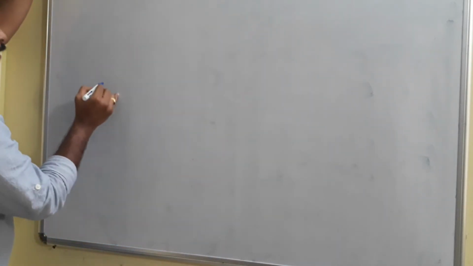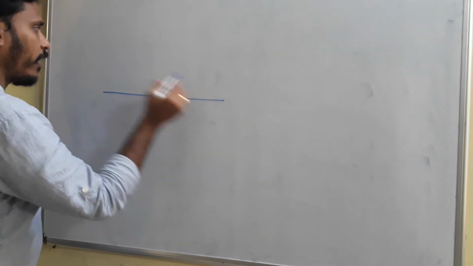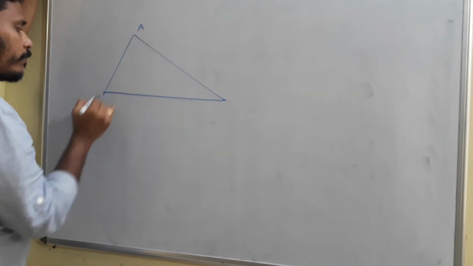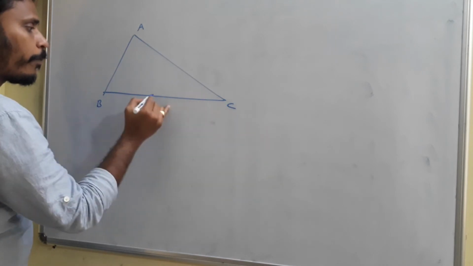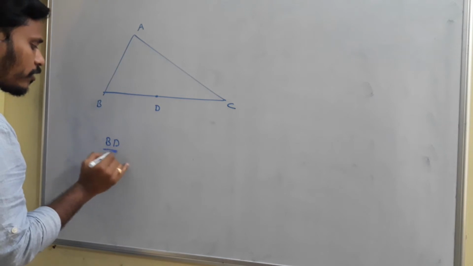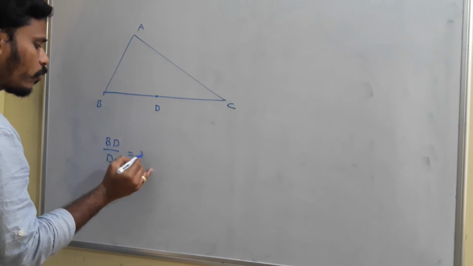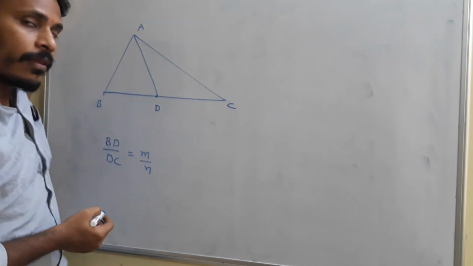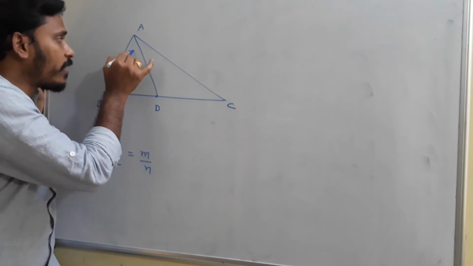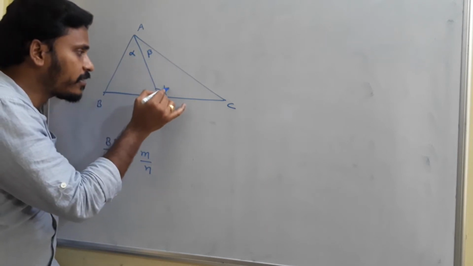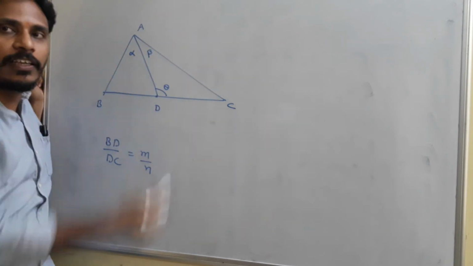So once again at a stretch, if you observe, first of all we have a triangle ABC. Okay, this triangle ABC is given and a point D on this BC is given such that BD by DC is equal to M by N. And if you join this A and D, as per the given statement, this angle is alpha, this angle is beta, this angle is theta. Everything is given.